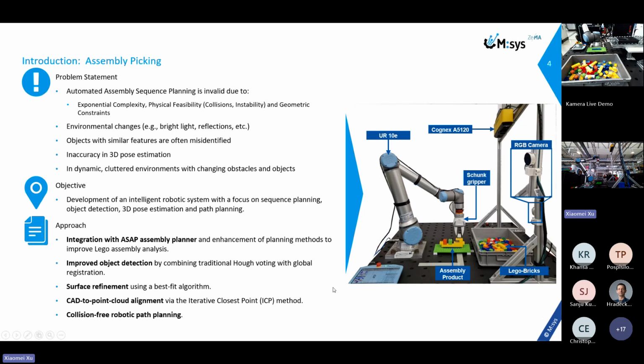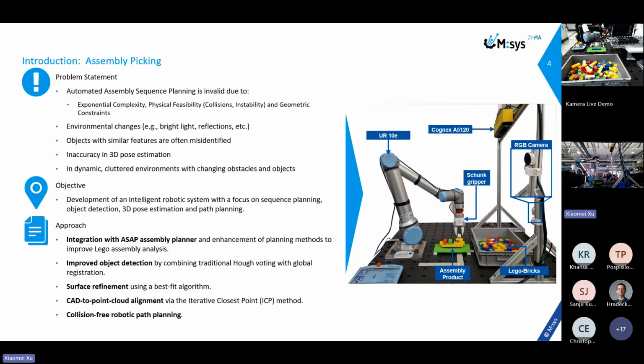So in this assembly picking system, we will try to solve this problem. The robot input is the CAD for a general product, and the output is the robot assembly sequence. That means the robot should think, based on the CAD model of the complete assembly, and try to find the sequence first.